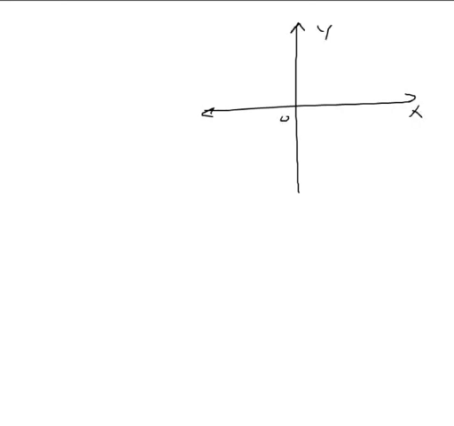X-axis, Y-axis. We know the ASTC rule. All are positive in the first quadrant. In the second quadrant, sine and cosecant are positive. In the third quadrant, tan and cot are positive. In the fourth quadrant, cos and secant are positive.